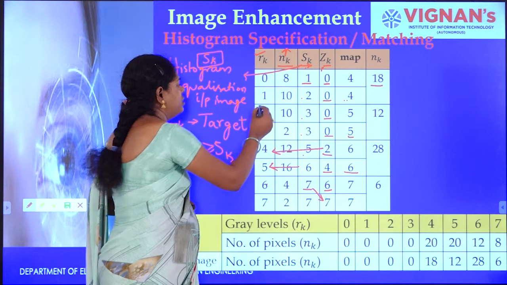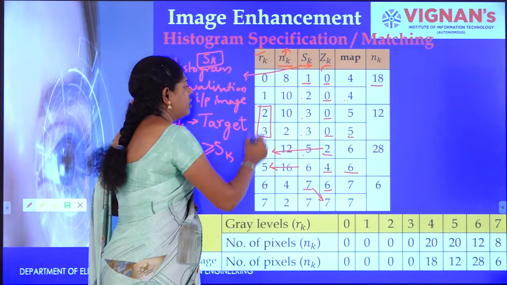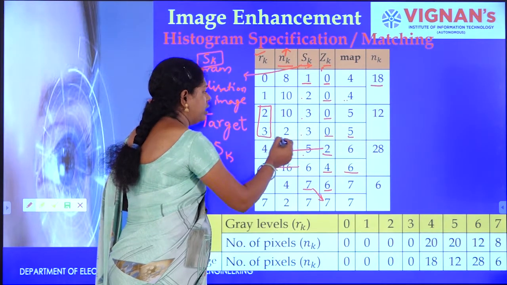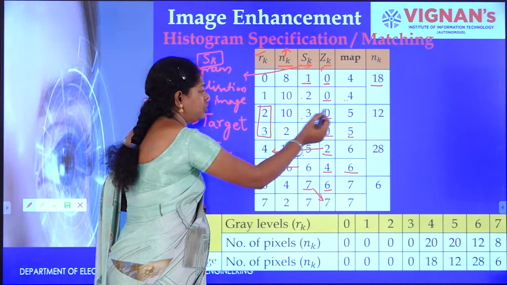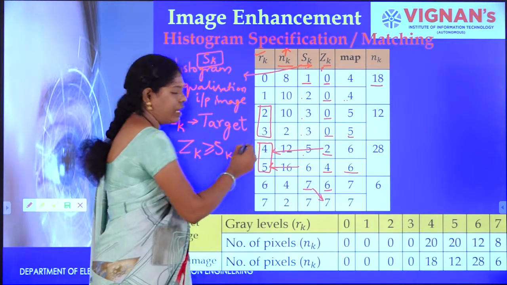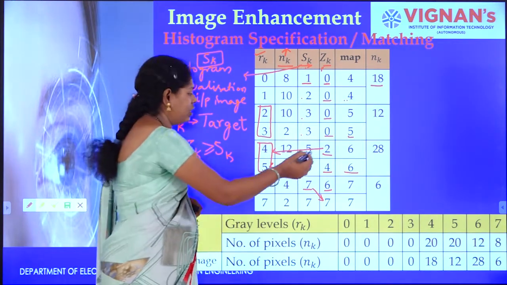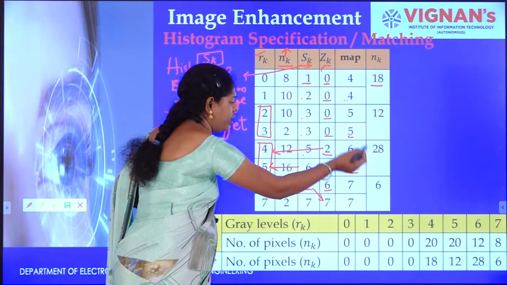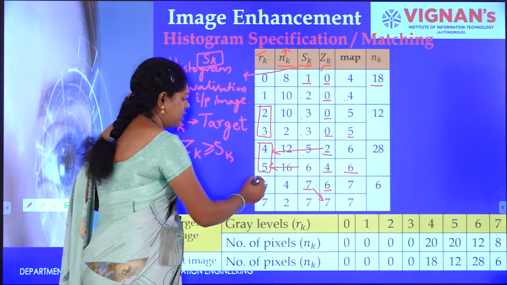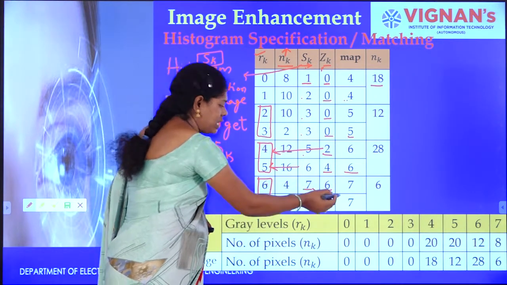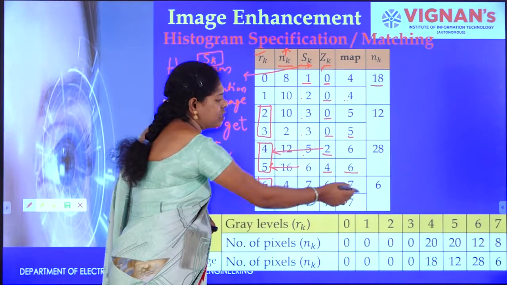Similarly, 2 and 3 are replaced with 5, that is 10 plus 2, 12. Next, the 4 and 5 intensity values are replaced with 6, and those are 12 plus 16, that is 28. The next 6 and 7 intensity values are replaced with 7, and that is 4 plus 2, 6.